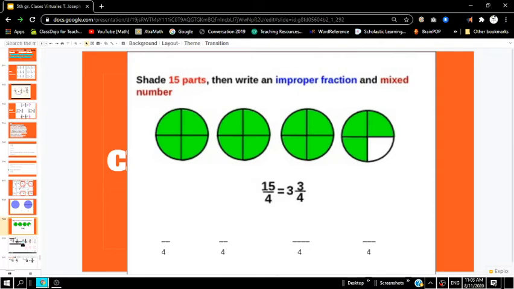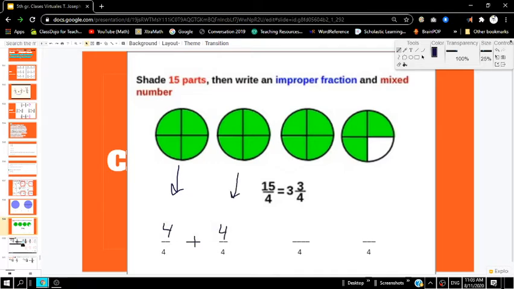Or if we're trying to convert an improper fraction to a mixed number, we need to understand that, for example, this whole number 1 is 4/4 plus 4/4 plus 4/4 plus 3/4. 15/4 is the same as 3 and 3/4. They're exactly the same, just written a little bit different. I think it's important that we review just so we understand that before we get to the problems for today.